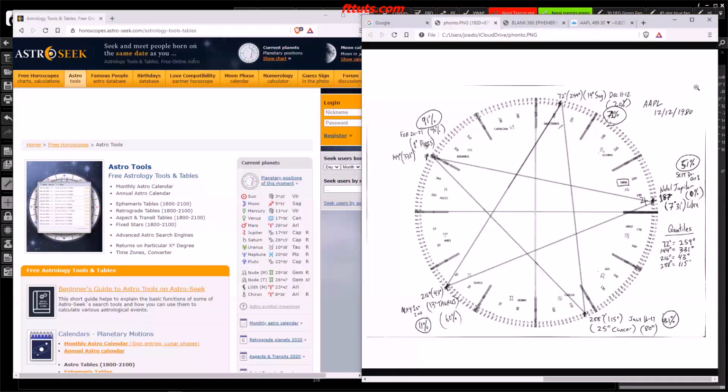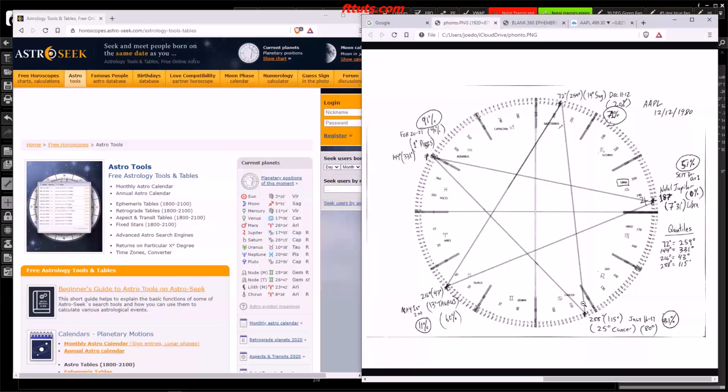What we did here is we took the actual position of Jupiter and I plotted it on my 360-degree circle. Now, if you don't know anything about astrology and you've never seen anything like this before, I encourage you to read up beyond this point, Googling things like how to read an ephemeris, which is going to help you.